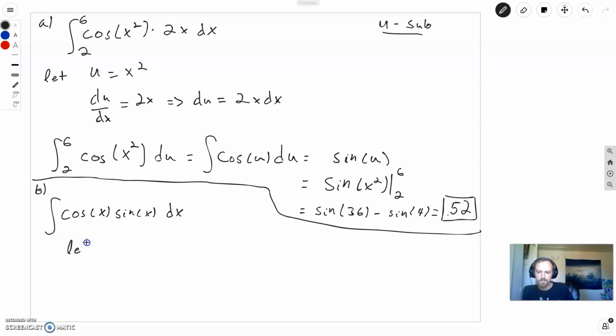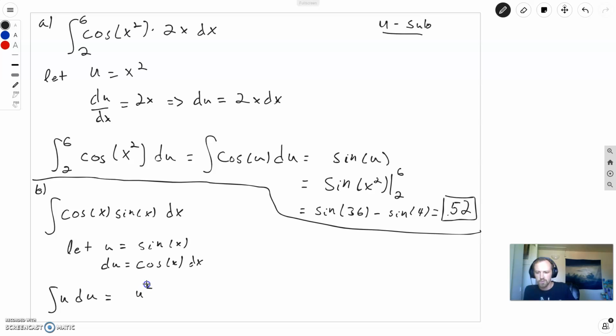Let u equal the sine of x, then du equals cosine of x dx, using our same trick from above. So now I have the integral of u times du, which you know how to integrate.